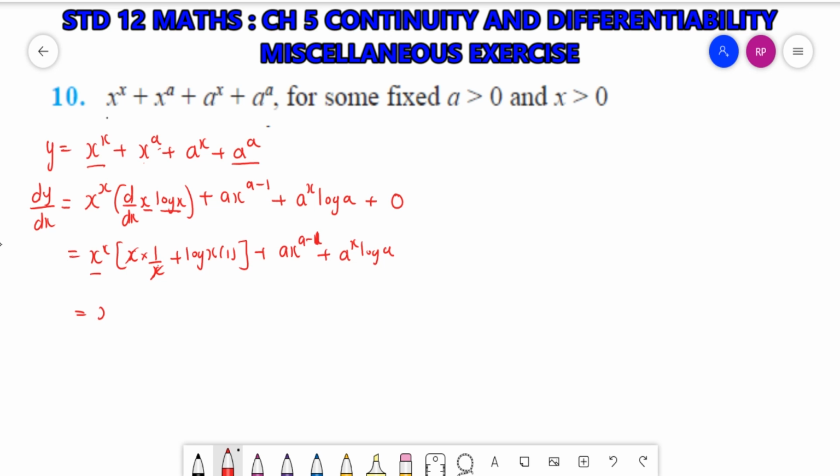So remember this shortcut, whenever there is x raised to x, its derivative is x raised to x (1 plus log x). Now here it is plus a x raised to a minus 1 plus a raised to x log a. Okay, so this was about question number 10. So just note it down.